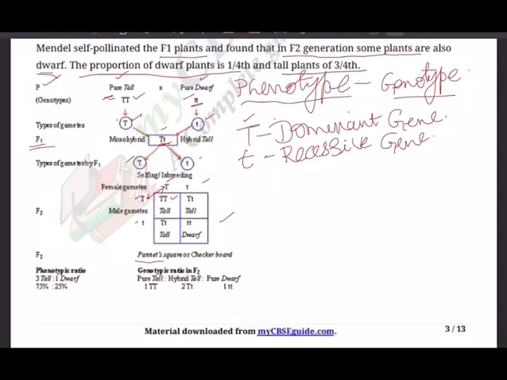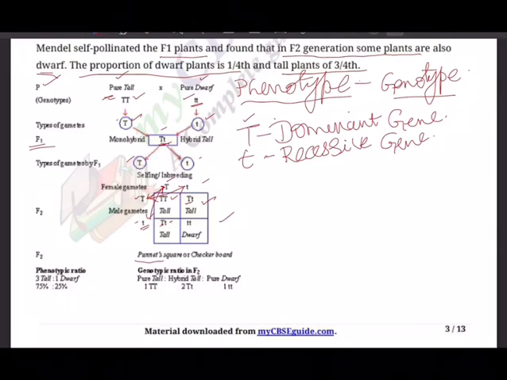And the same gamete, when it combines with this capital T, small t, still it is tall. Why? Law of dominance. Dominant gene capital T is there. And when this male gamete, small t, combines with this female gamete, that results in capital T, small t. Again, because of the presence of capital T, the plant is tall.